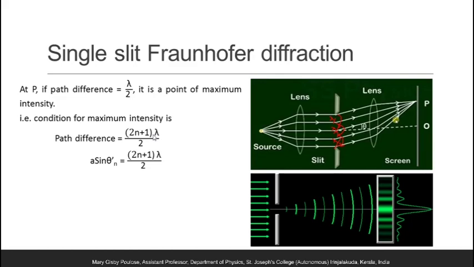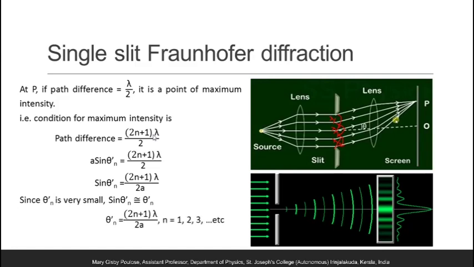Here the angle is denoted as theta prime because this shows the region of maximum intensity. Sine theta prime n is equal to 2n plus 1 lambda by 2a. Since the diffracting angle is small, it can be approximated to theta prime n. Thus, theta prime n is equal to an odd integral multiple of lambda by 2a, and n can have values 1, 2, 3, etc.